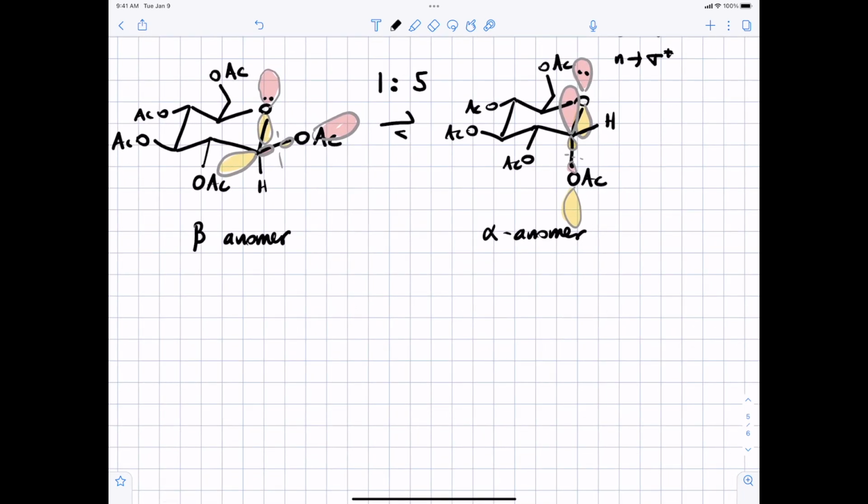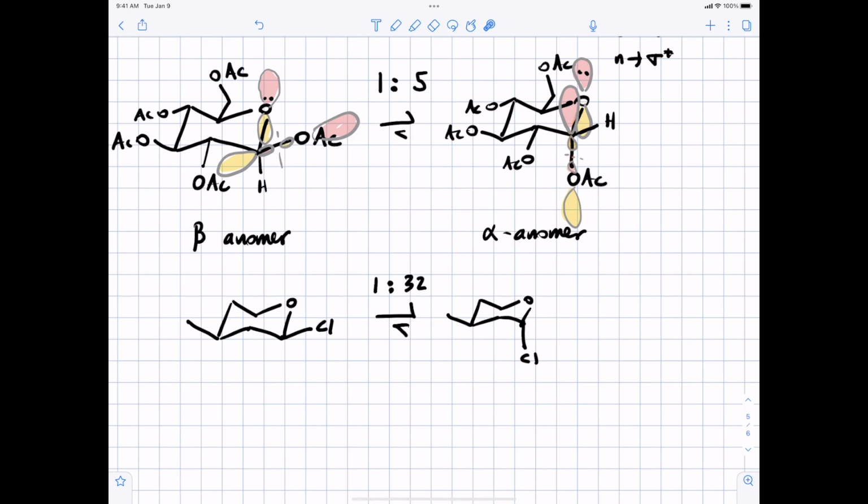For example, if you use something that should be a better acceptor in terms of the sigma star than oxygen, say chlorine, because the carbon-chlorine bond is longer and weaker than the carbon-oxygen bond, so carbon-chlorine should be a better acceptor. Having chloro axial versus equatorial, that's a 1 to 32 effect. And the reason is the carbon-chlorine sigma star is lower in energy and more accessible than the carbon-oxygen sigma star.